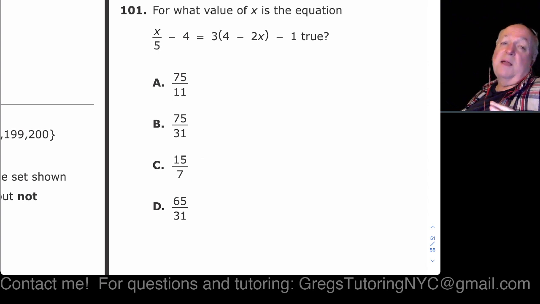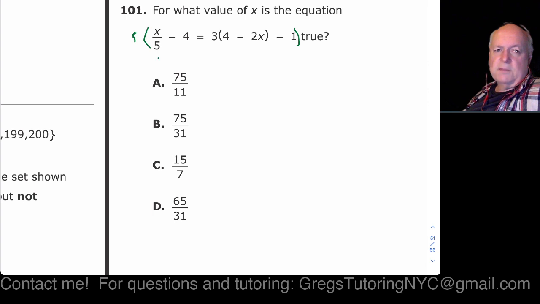There's a couple of ways to do this, probably infinite ways to do this. My mind is telling me to get rid of that 5 at the bottom there. So the way I'm going to do that is I'm going to multiply this whole thing by 5. I'm allowed to do that. So x over 5 times 5 is just x.